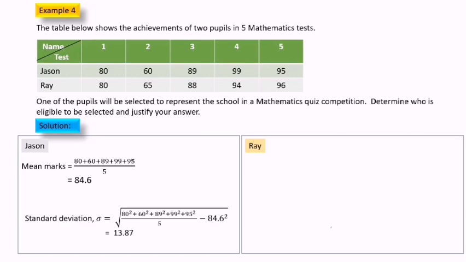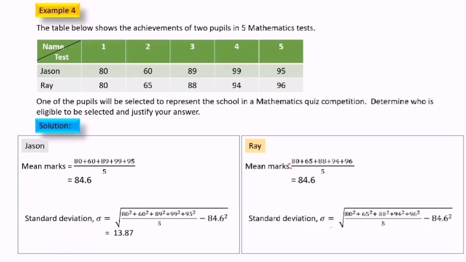For Ray, mean marks equal to 80 plus 65 plus 88 plus 94 plus 96 divided by 5 equal to 84.6.